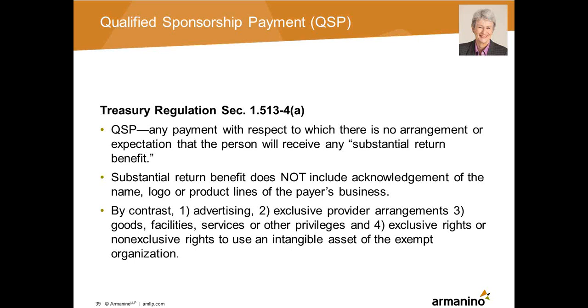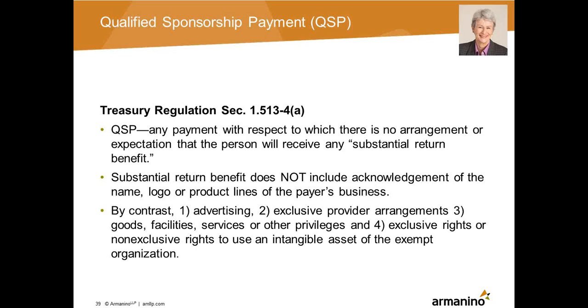So you'll see there are the new Treasury regulations. It's Code 513, and the Treasury Regs 1.513. A QSP is any payment with respect to which there's no arrangement or expectation that the person making the payment will receive any, quote, substantial return benefit. You're like, okay, great, but what is a substantial return benefit?